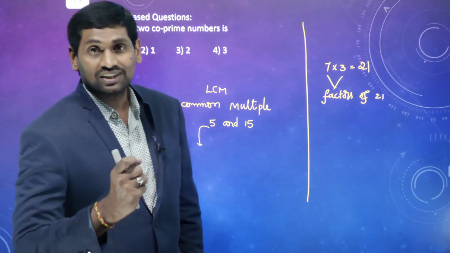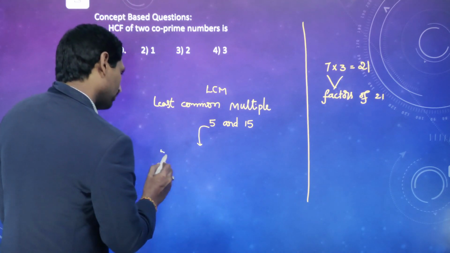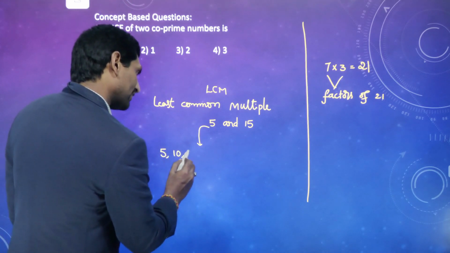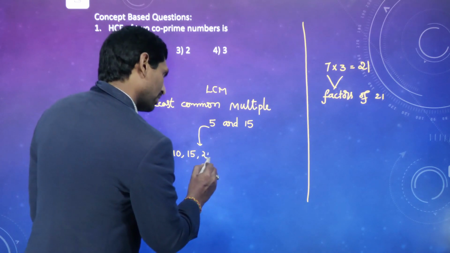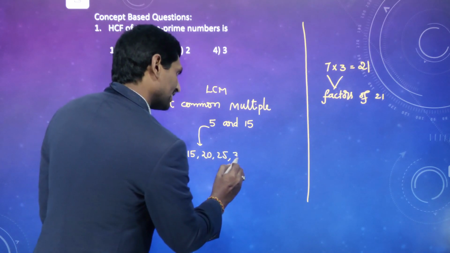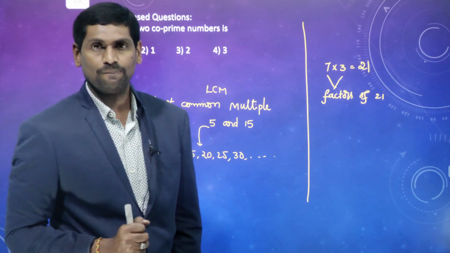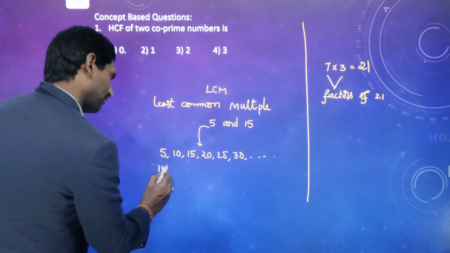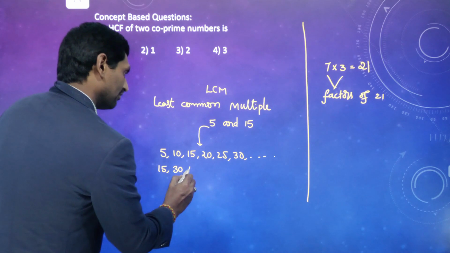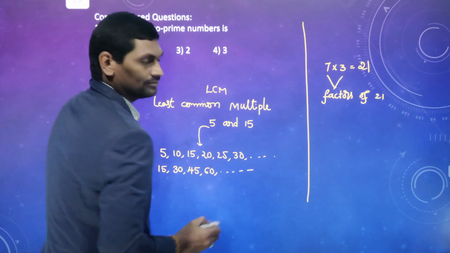That means we need to write the numbers that come in the 5 table. So 5 2s are 10, 5 3s are 15, 5 4s are 20, 25, 5 6s are 30 and so on. These are all multiples of 5. Same way, multiples of 15. So 15 1s are 15, 15 2s are 30, 15 3s are 45, 15 4s are 60 and so on.